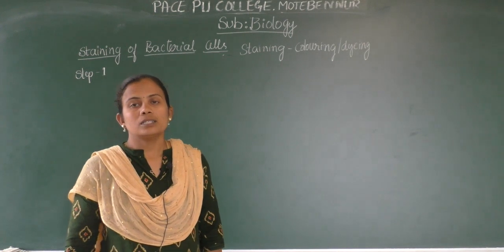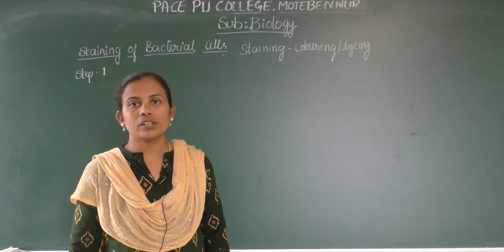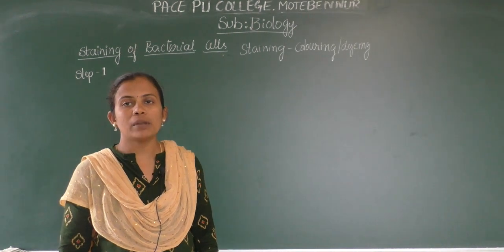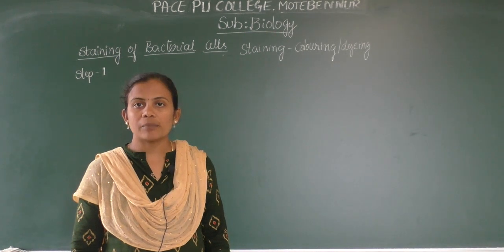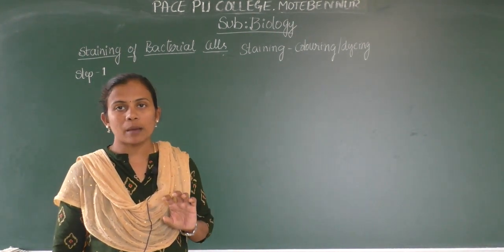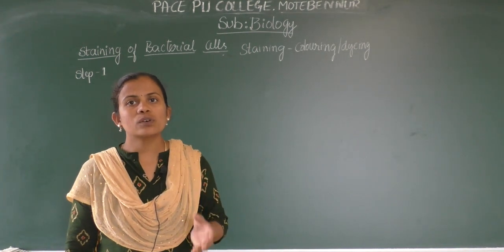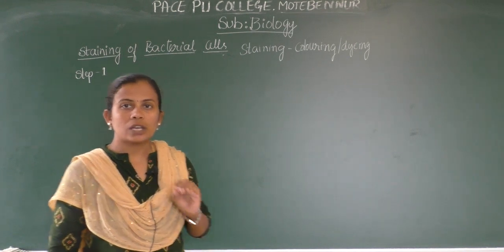Here, the bacterial cells that you are going to learn are classified into gram positive and gram negative bacterial cells. Why are we going to classify them as gram positive and gram negative, and what is the basis for saying so? Here is one solution for that.